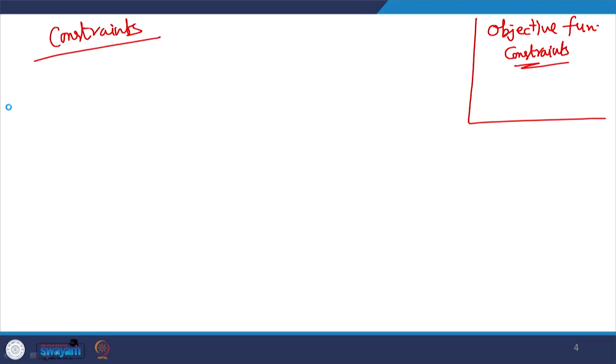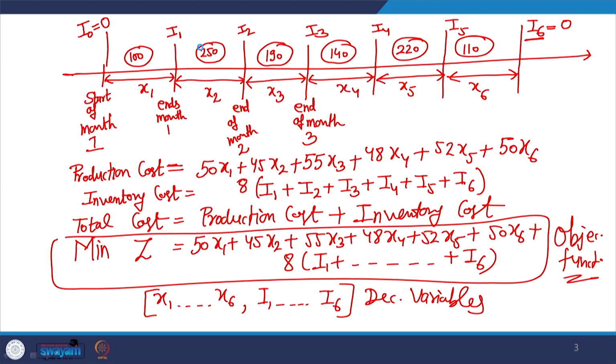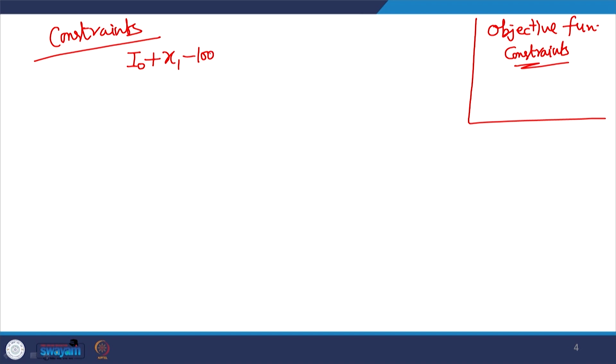You have initial inventory, and that initial inventory is I0. Then you are producing x1 units in this first period, and you have used 100 units for fulfilling the demand of that particular period, and what is left with you is the inventory at the end of the period, that is I1.